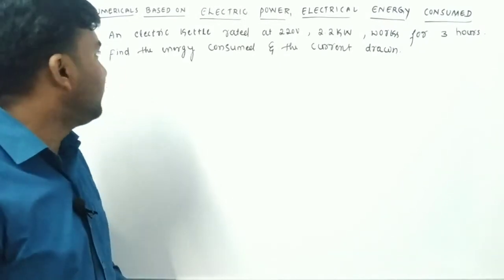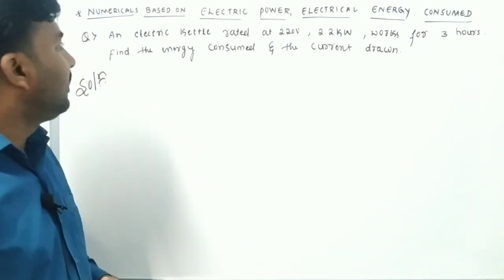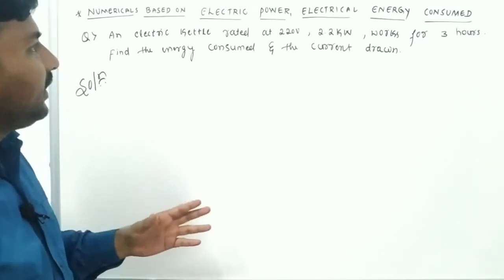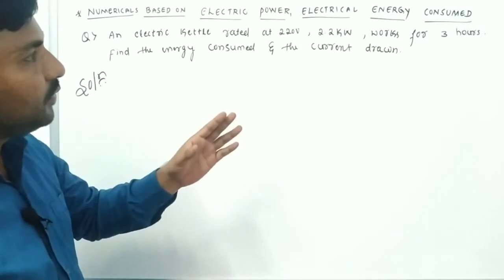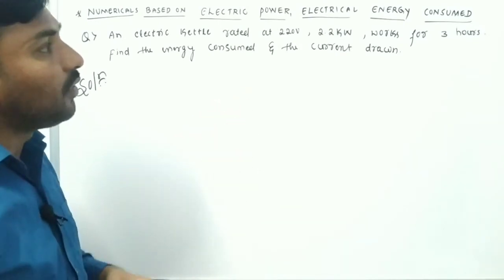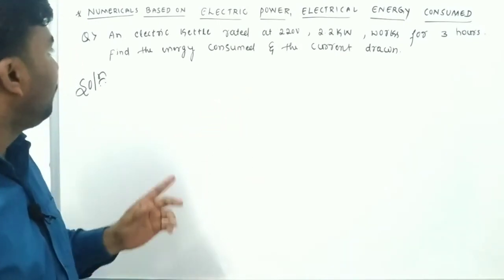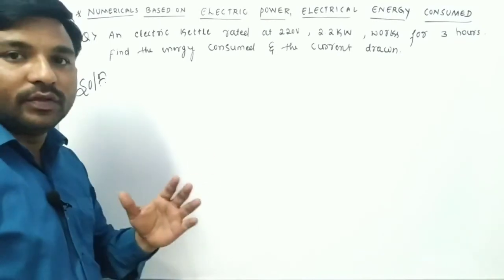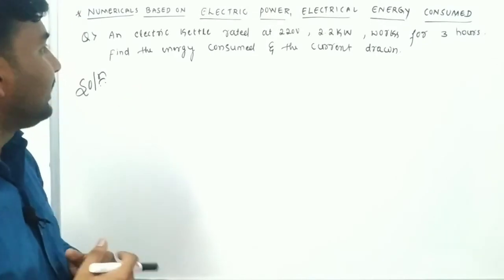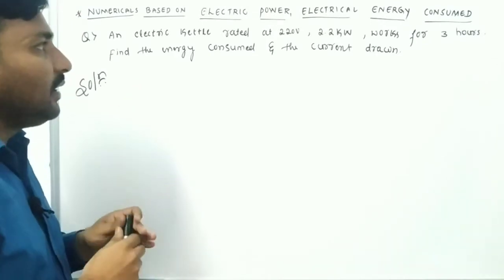The next problem is: an electric kettle rated at 220 volt, 2.2 kilowatt works for 3 hours. Find the energy consumed and the current drawn. So here we have an electric kettle which has the power ratings.